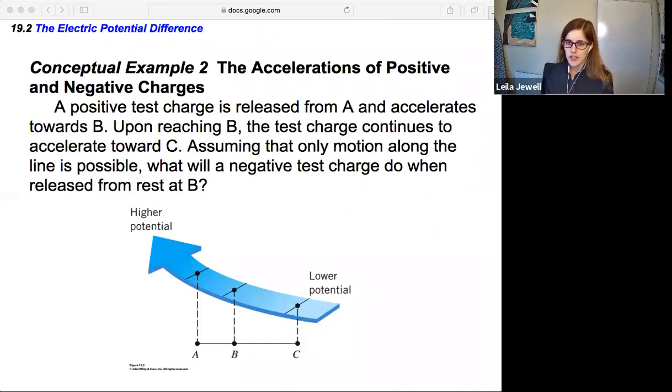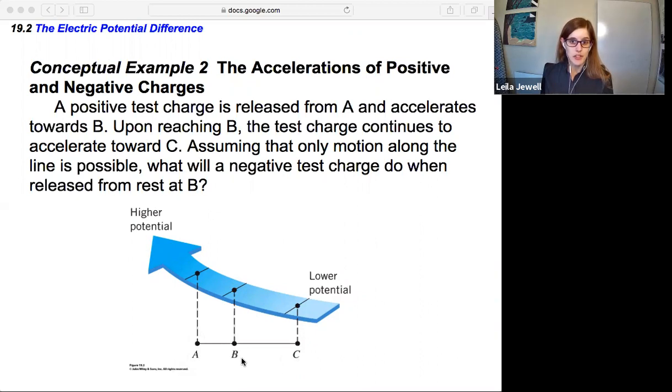A positive test charge is released from point A, shown below, and accelerates toward B. Upon reaching B, the test charge continues to accelerate towards C. Assuming that only motion along the line is possible, what will a negative test charge do when released from rest at B? So I want you to think about this before you move on.